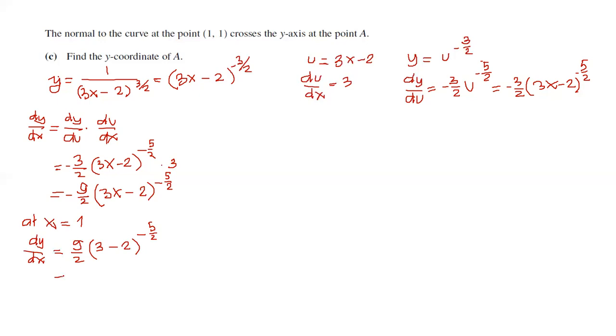This one means 9/2 times a negative, it means negative times 1, and the result equal negative 9/2, like this. So now the equation of the normal, I'm gonna move to this page.